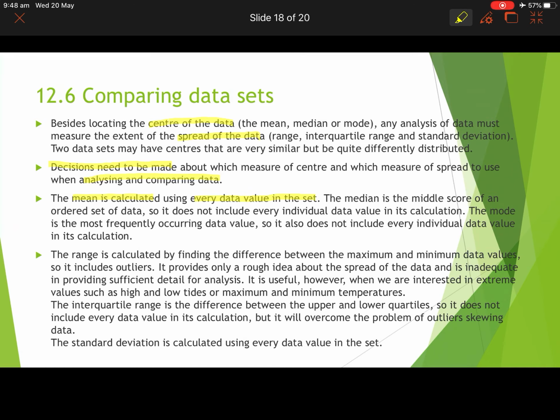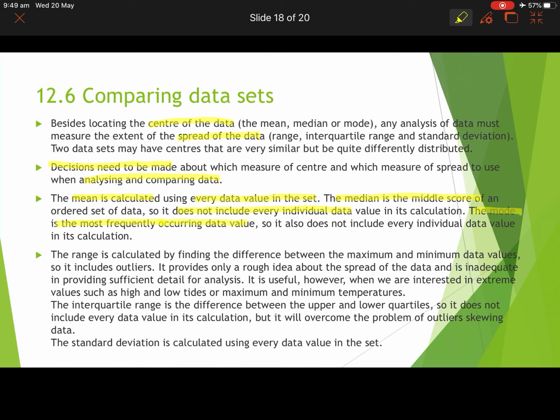To find the average, or the mean, we add up all of our data and divide it by how many numbers we have. We know that the median is the middle score, so it does not include every individual data value. And the mode is the most frequently occurring data value, so it also does not include every individual data value.